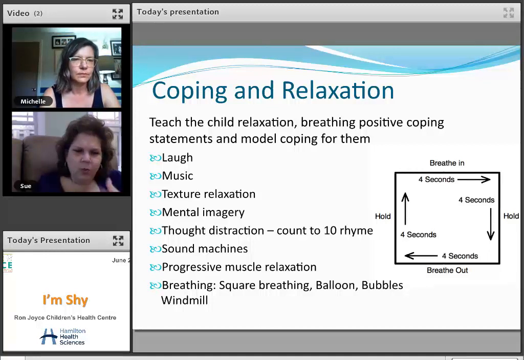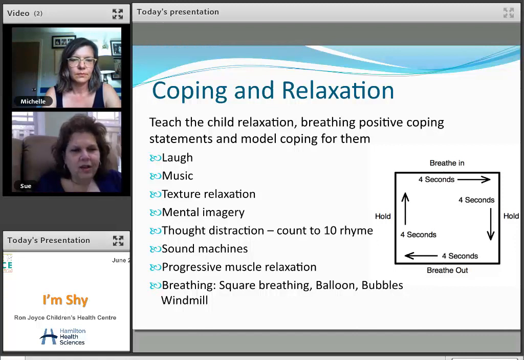But breath work is a huge piece because breath work has a physiological effect on some of those physical things that I was talking about that are happening to their body when they're getting anxious. So by using breath work, you actually lower the cortisol level in the body, and the heart rate has to lower, and therefore the anxious feelings that they're having in their body do begin to slow down.